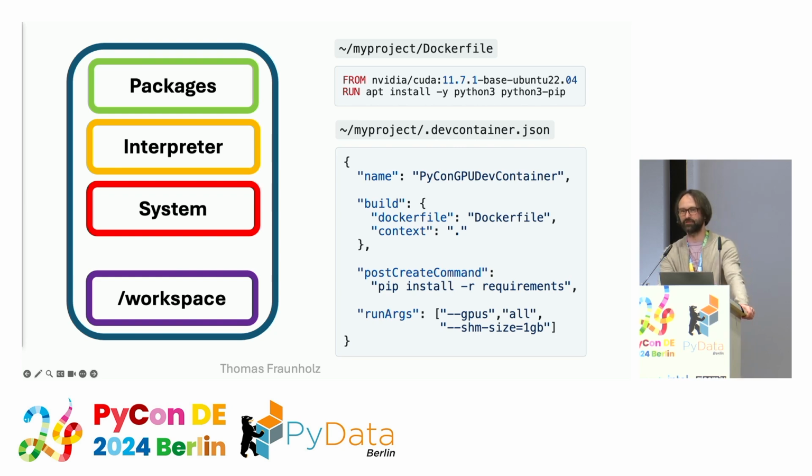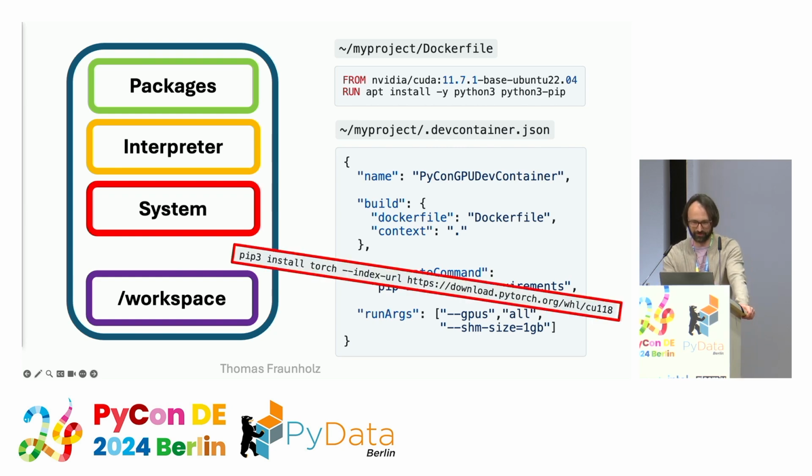When you install PyTorch packages, you have to take care that you're using a certain built wheel which is compatible with your CUDA library. So here it's the CUDA 11.8 library, which is of course compatible with the CUDA 11.7 installed on top here. Don't laugh.